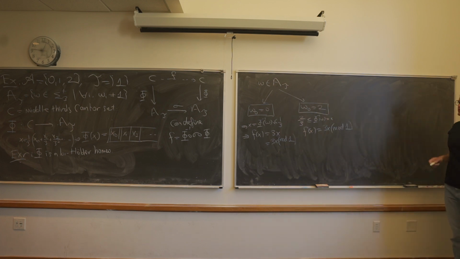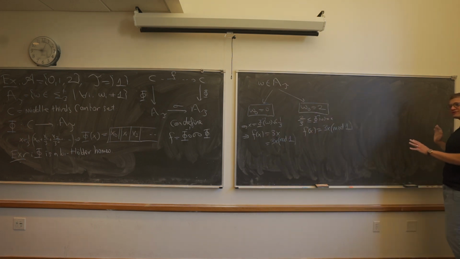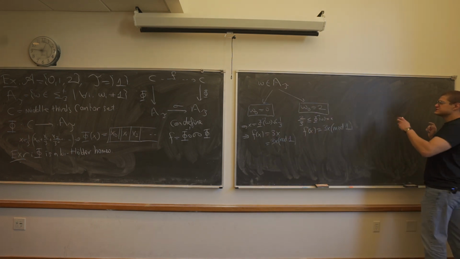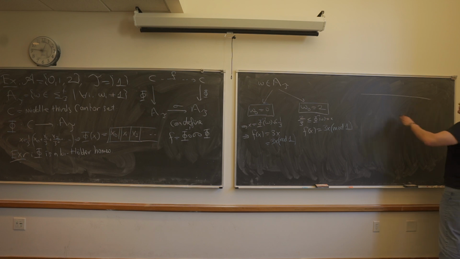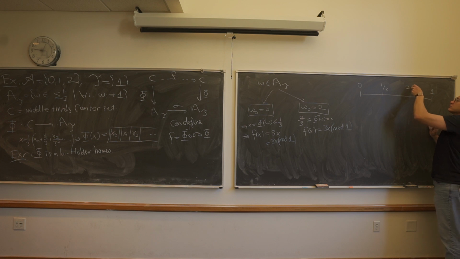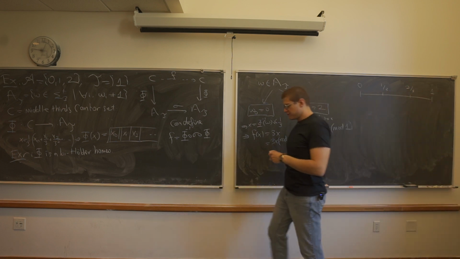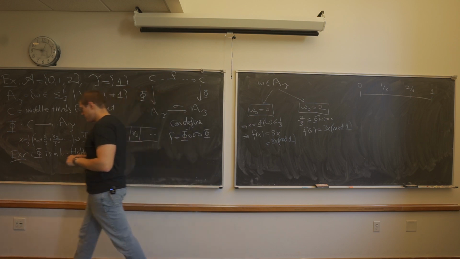Now the way I came up with these formulas last time was slightly different, but it's the same idea, which is this. Here I have 0. Here I have 1. Here is 1 over 3. Here is 2 over 3. And the description of f that I gave last time was this.